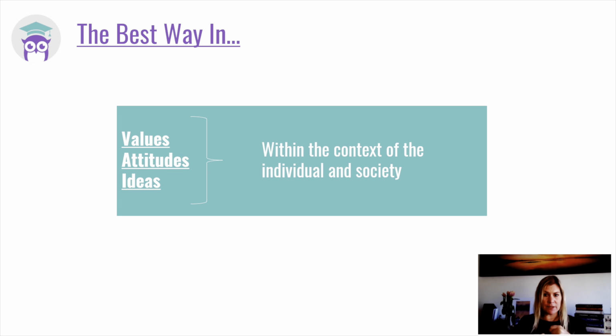Now, it might be the writer's values, attitudes, and ideas surrounding a particular topic, or it might be the way that the writer presents certain values, attitudes, and ideas. So you've got to look at the question in order to help you suss that out. But again, it's sat within the context of your chosen area. Obviously, with individual and society, that's quite straightforward. But I'll show this to you in action in just one moment.